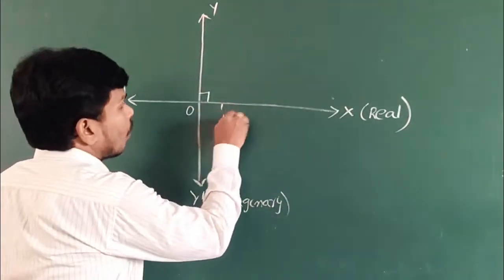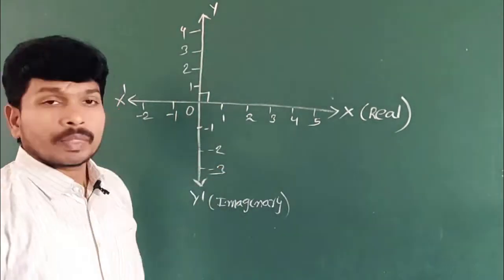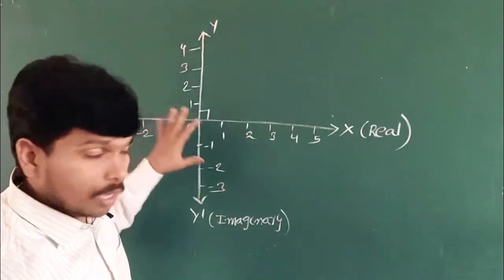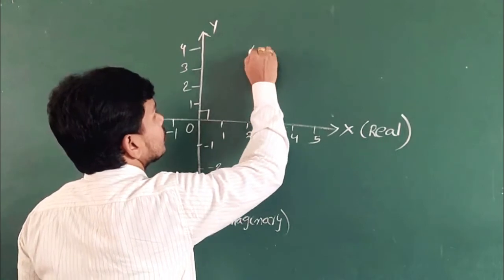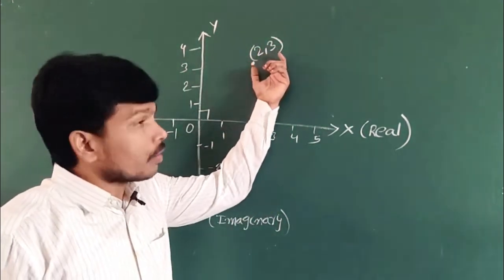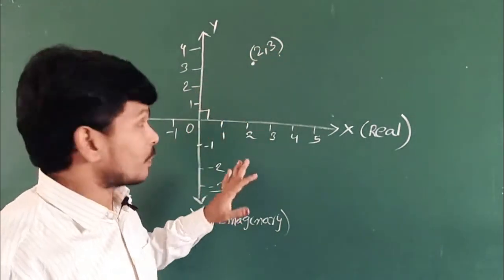Okay, let us see. On the x axis: 0, 1, 2, 3, 4, 5, minus 1, minus 2. The y axis is 1, 2, 3, 4, minus 1, minus 2. Suppose I plot one point on this Argand plane, (2, 3). This point indicates (2, 3). What is the meaning of the point (2, 3) in the Argand plane?